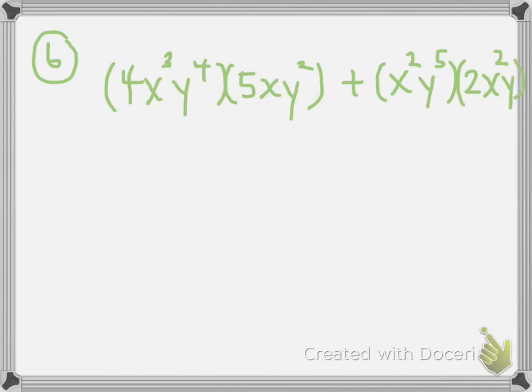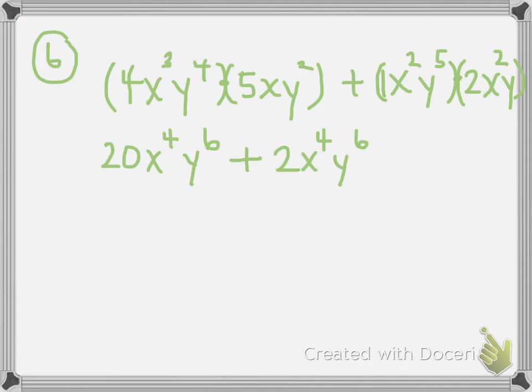Order of operations means that we are going to multiply first, okay? Do our multiplication, and then we'll do our addition, okay? So we're going to say right here, 4 times 5, which is a 20. X cubed times x would be x to the 4th. Y to the 4th times y squared would be y to the 6th, okay? This is a 1 in front of there, so 1 times 2 would be a 2. X squared times x squared would be x to the 4th. Y to the 5th times y would be y to the 6th.